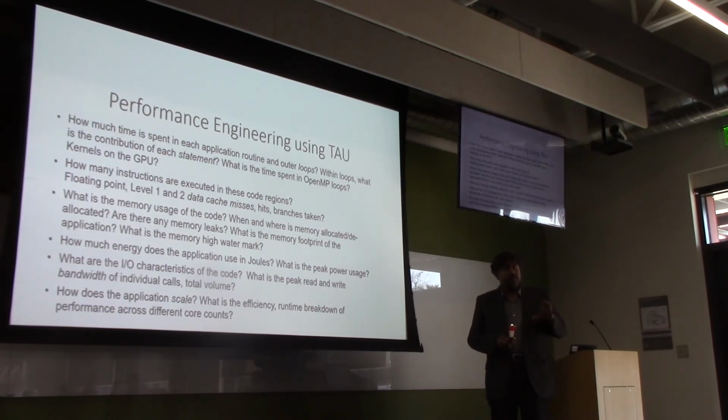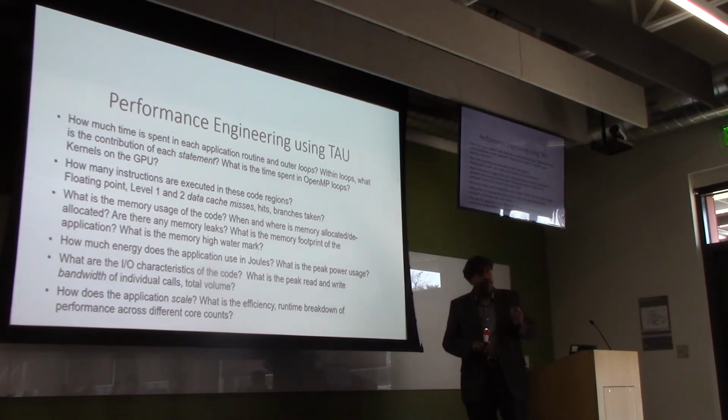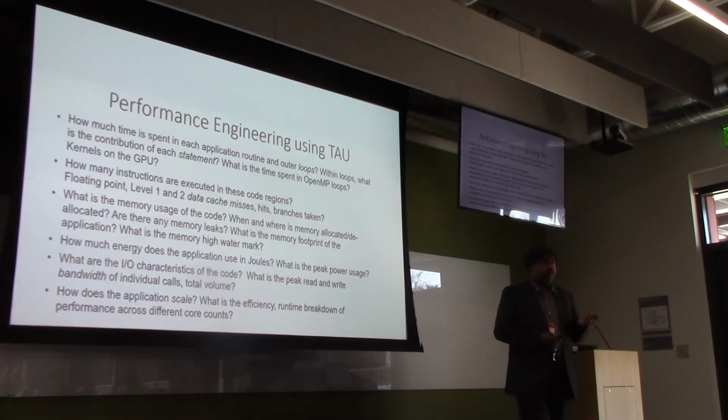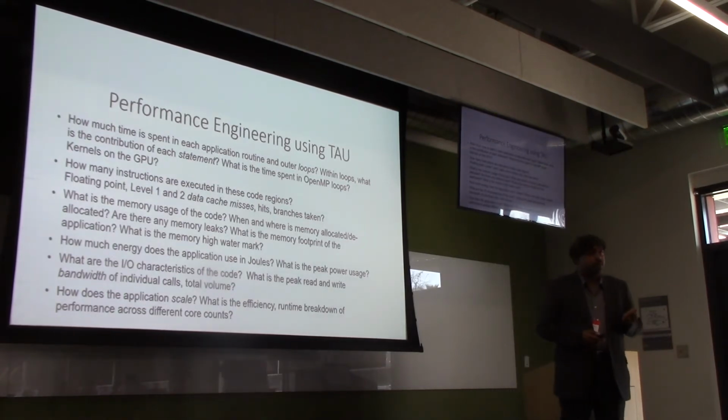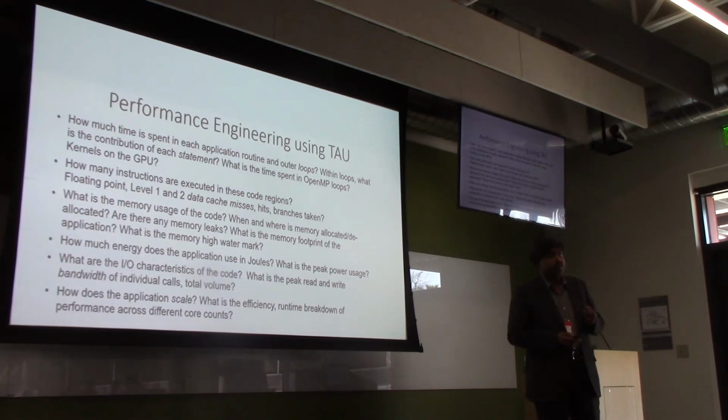These microprocessors have low-level counters that can track how many instructions were executed, how many vector instructions were executed, how many scalar instructions were executed. They can see floating point instructions, level 1, level 2, data cache misses, how many cycles the CPU was idle, waiting for data to come.